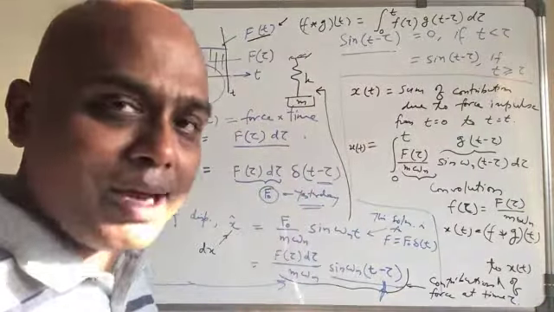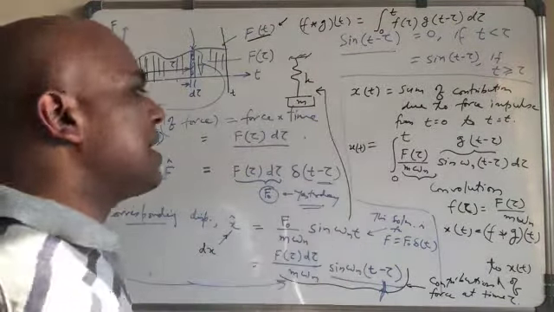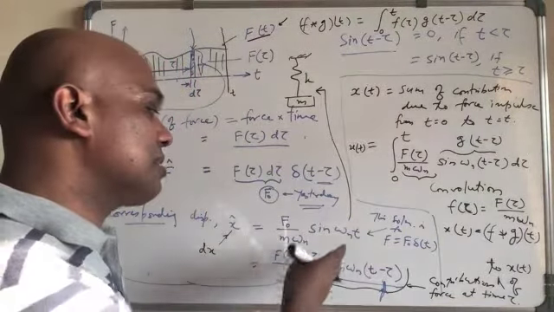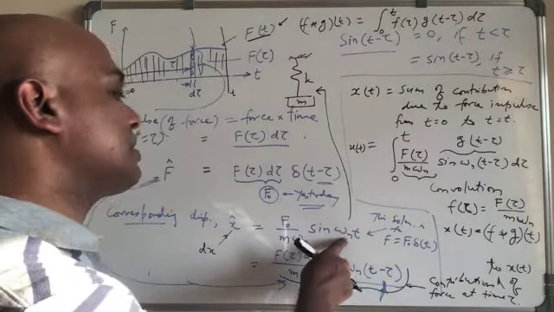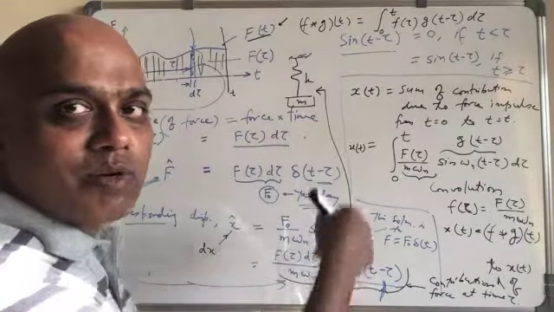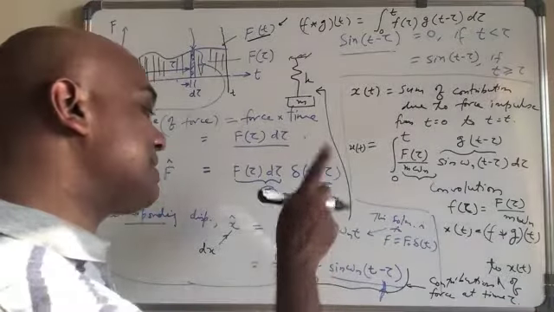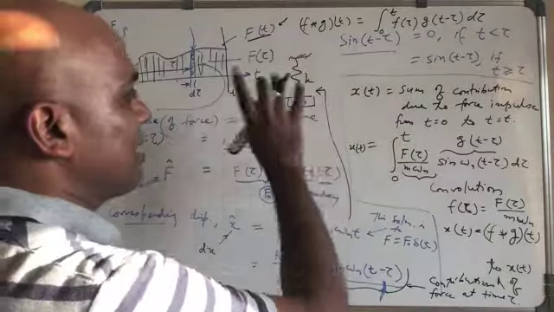Yesterday we were working on that. If we had a spring damper system, this solution will change. You can see here there is no zeta term, there is no c term. We have a k over m term, right? Omega n equal to root k over m. So we had omega n terms, but we don't have any zeta term. So this solution we got for a spring mass system only.